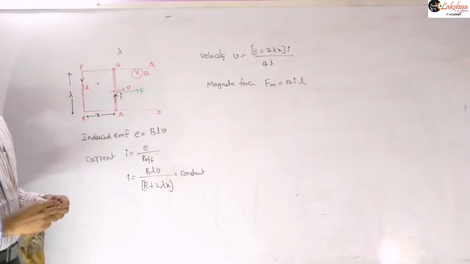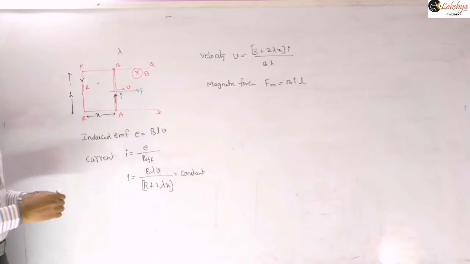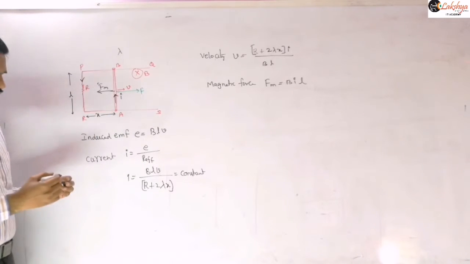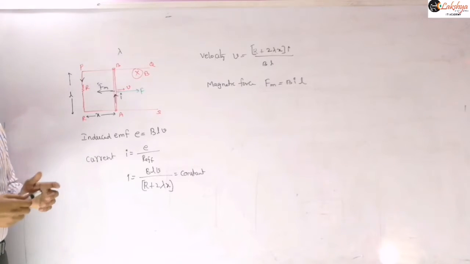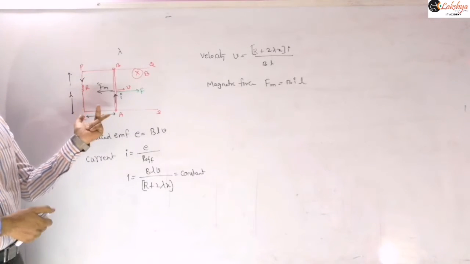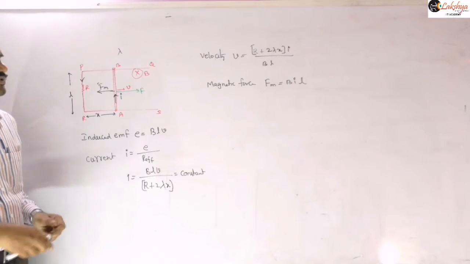The magnetic force will be along this direction. Apply the left hand rule: the field is into the plane and the current is flowing in the upward direction, so the magnetic force will be along this direction, right?